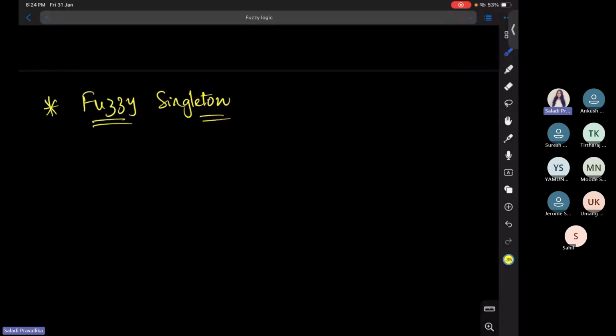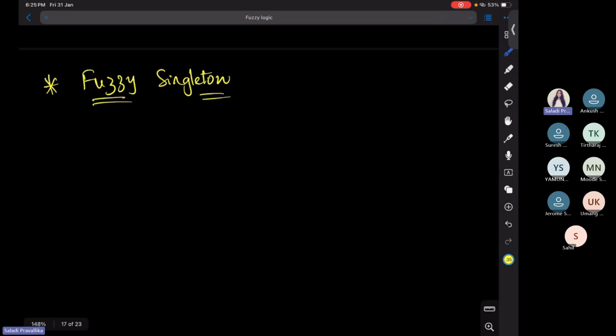Okay. So let's discuss fuzzy singleton. A fuzzy set whose support is a single point in the universe. So that is when mu A of x is equal to 1 at a single point, then we call it a fuzzy singleton. So just look at the graph.